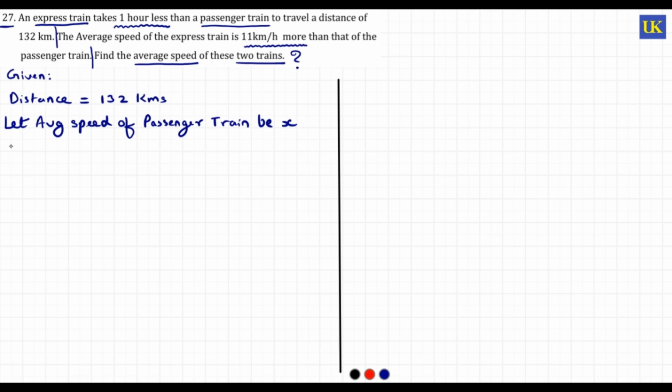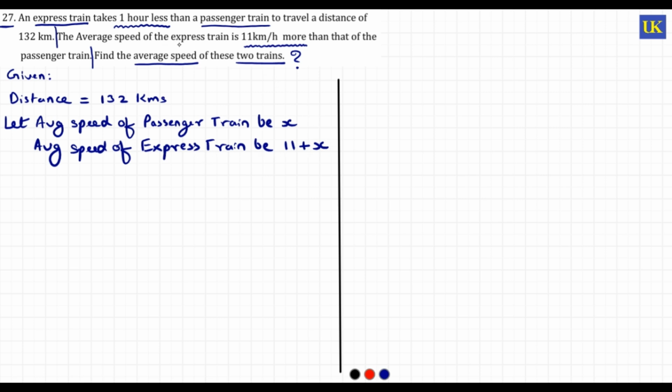Similarly, we can say that the average speed of the express train be 11 plus x, because if the speed of the passenger train is x, then the average speed of the express train will be 11 plus x.